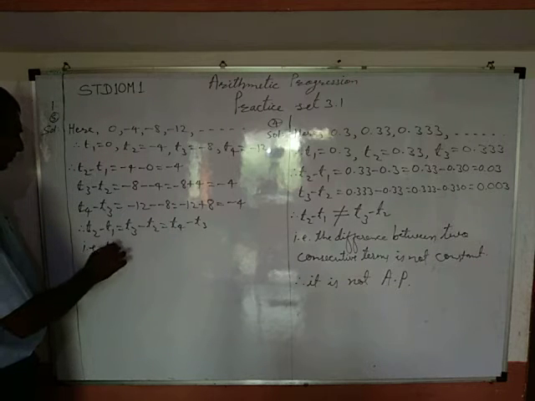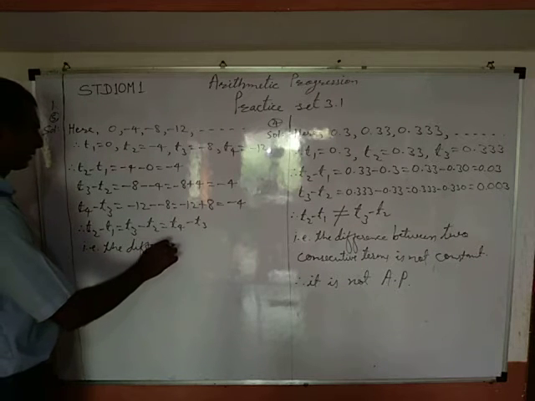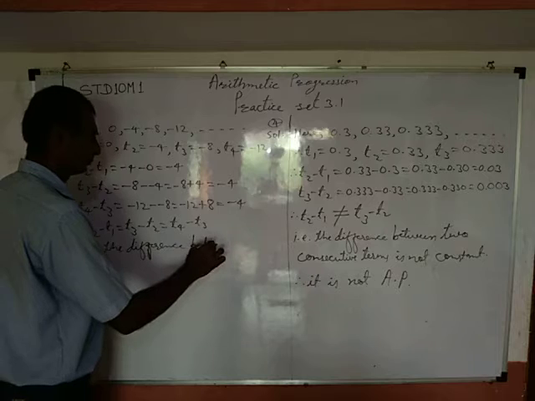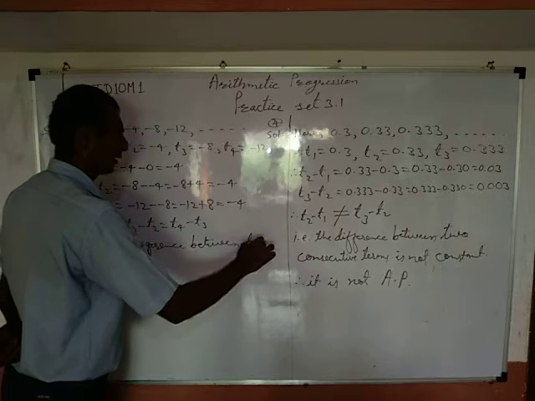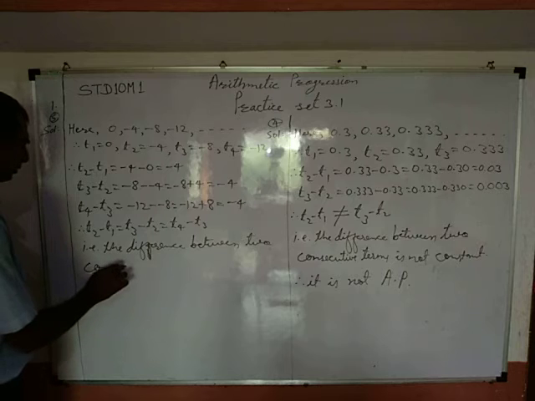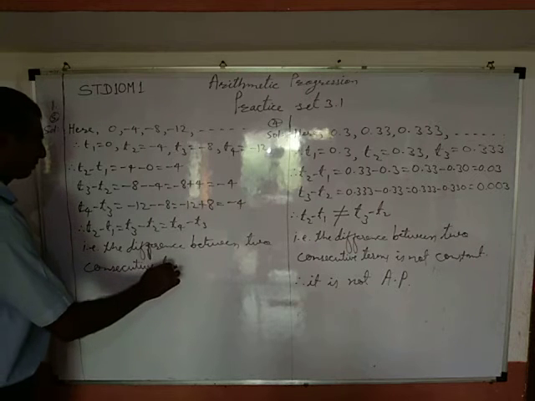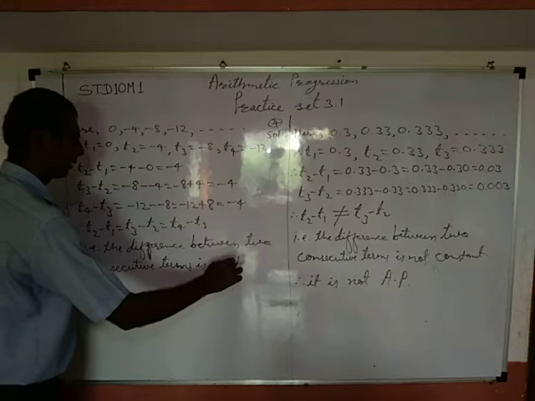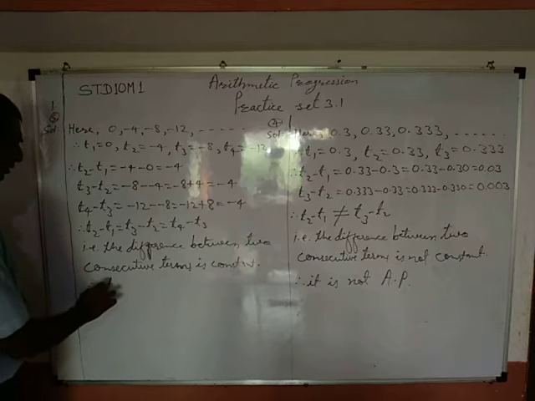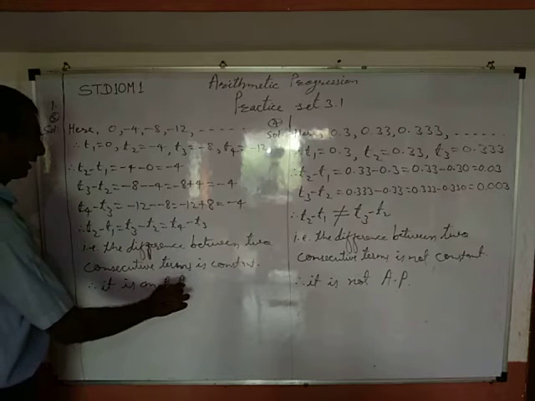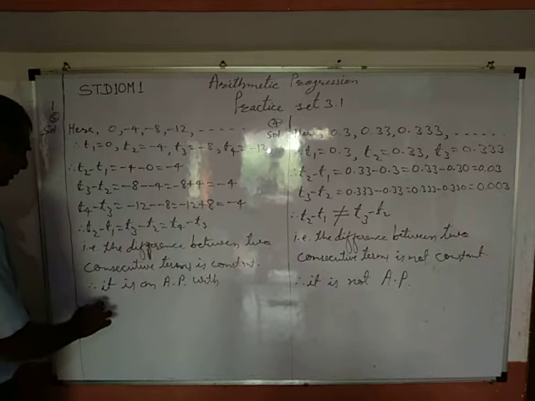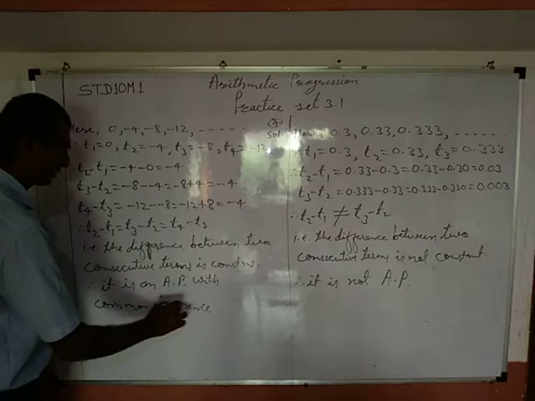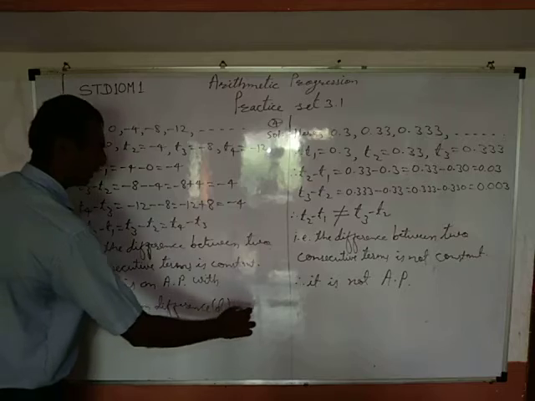That is, the difference between two consecutive terms is constant, and therefore it is an AP with common difference D equals -4.